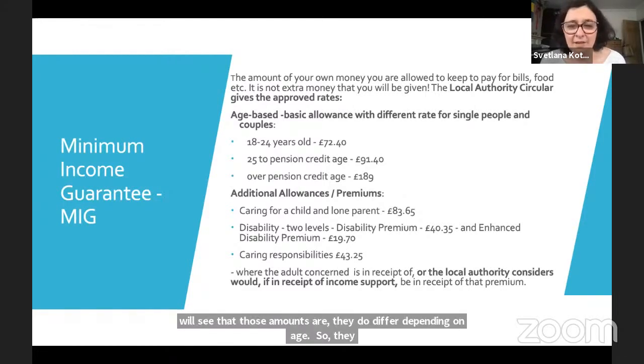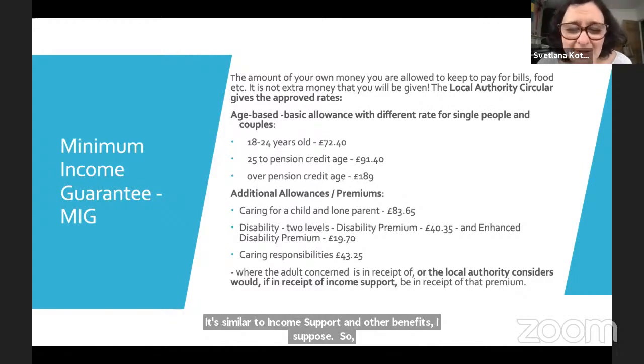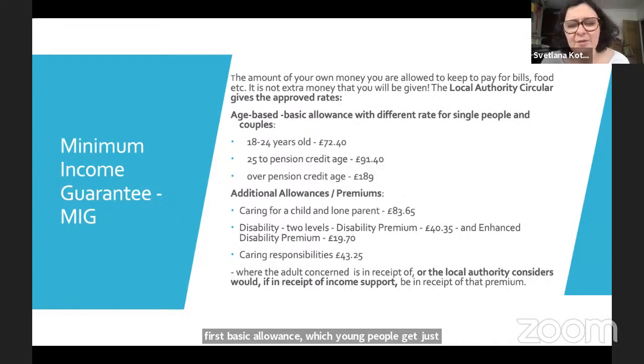So first is the basic allowance. It's similar to income support and other benefits, I suppose. The basic allowance, which young people get, is just £72, and people above pension age get £189 per week. This is all per week. Then they would add extra allowances.